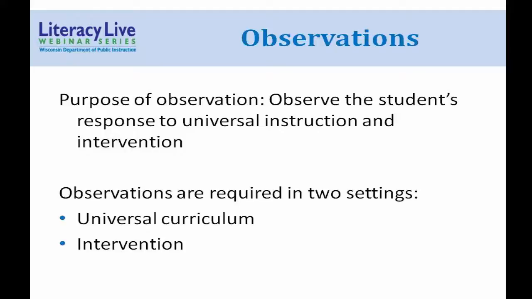And because we're observing the student's response to the instruction or intervention, it's most appropriate for that person who's conducting the observation to not be the person who's delivering that universal instruction or intervention. And there's a wide variety of school personnel who would be qualified to conduct that observation.